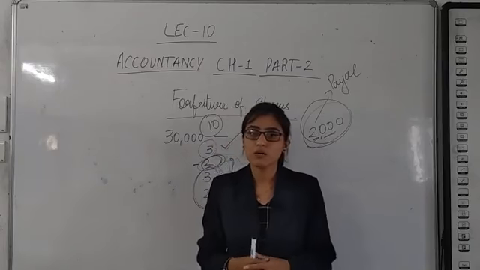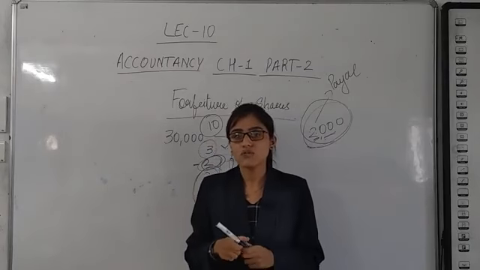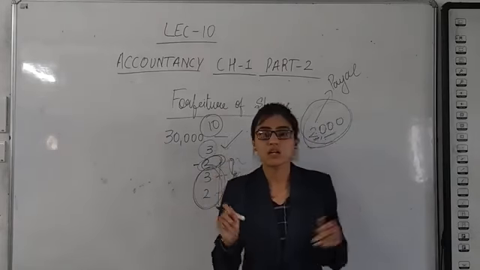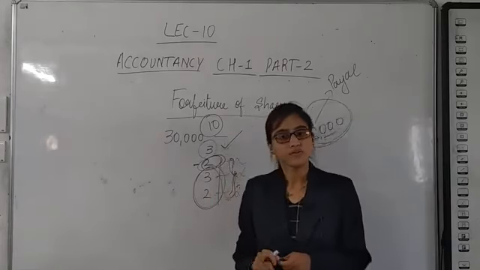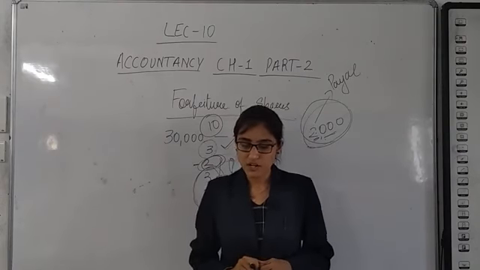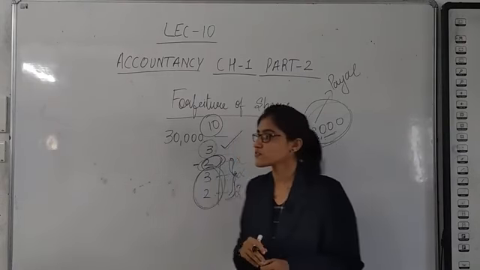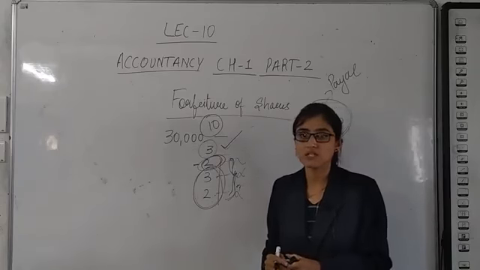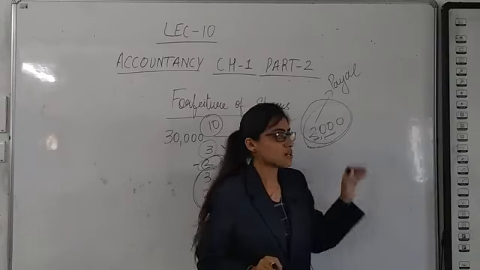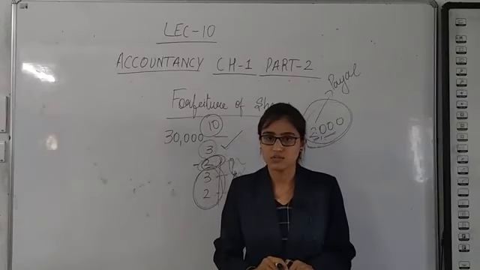Then, to share allotment account, the amount of share allotment which is not received. 2000 into 2, 4000. Yes? Then, to first and final share call account, the amount of share calls that has not been received. 3 plus 2, 5. Where it is 2000 into 5, 10,000.